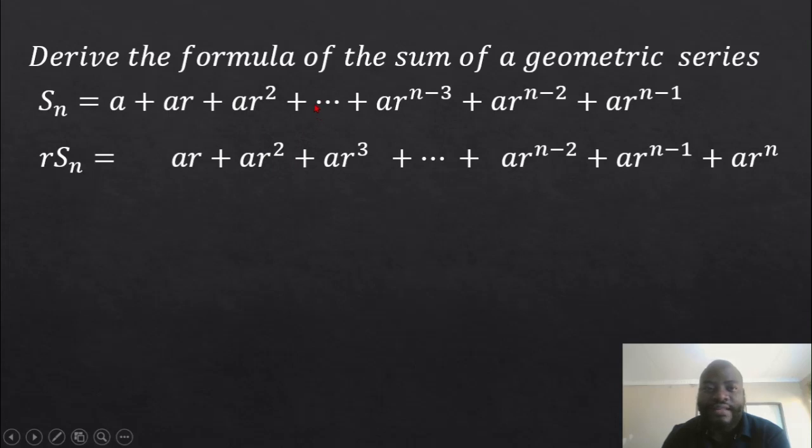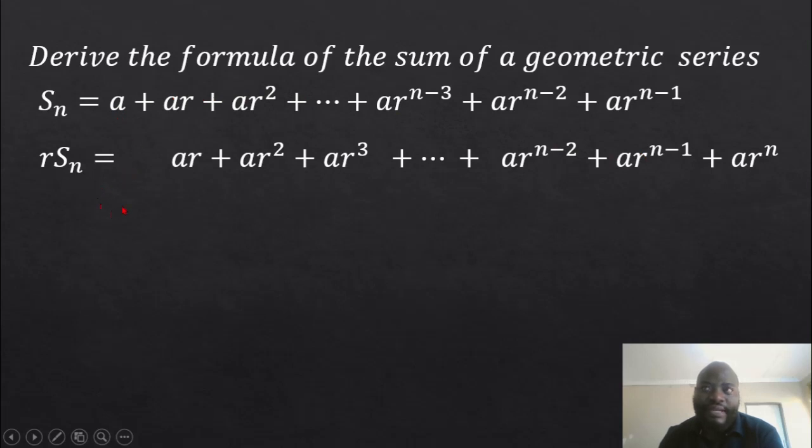And again, we have another term here, AR to the power 3, which is aligned with this one, and all the other terms in between will align as well, up until the last terms. This one will align with the one just before it, but this last one does not have any like term in the first equation, just like A here doesn't have a like term in the second equation.